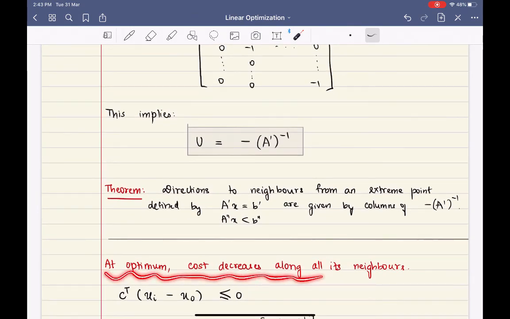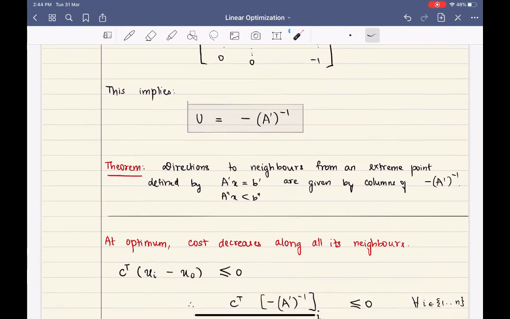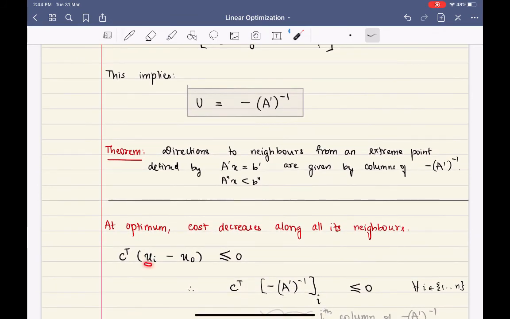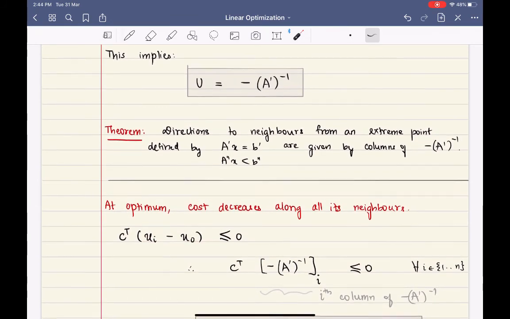Now at optimum, why is it the optimum? Because C transpose of u0 is bigger than every other feasible point, right? So C transpose of ui will be less than or equal to C transpose of u0. So C transpose of ui minus u0 will be less than or equal to 0. Now, this is nothing but the ith column of minus A prime inverse.